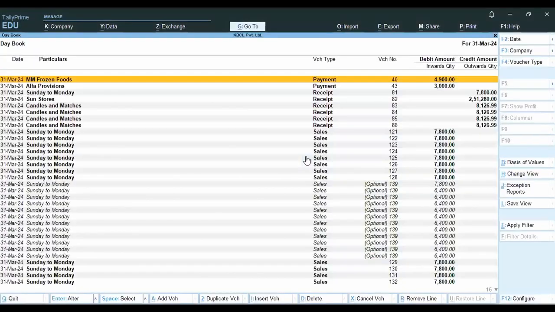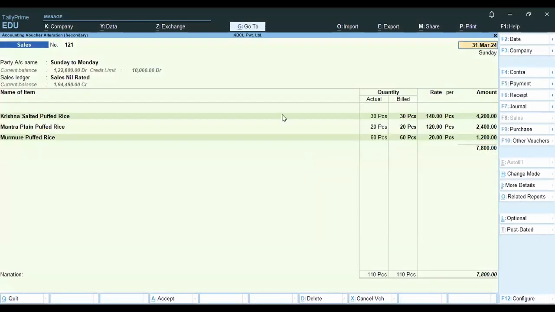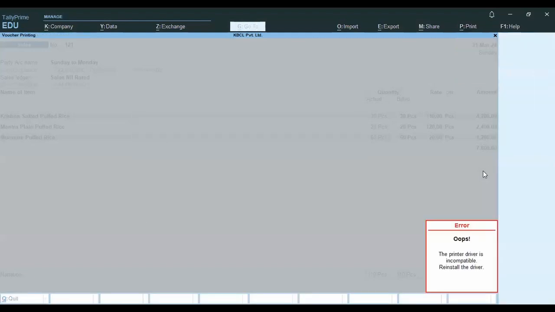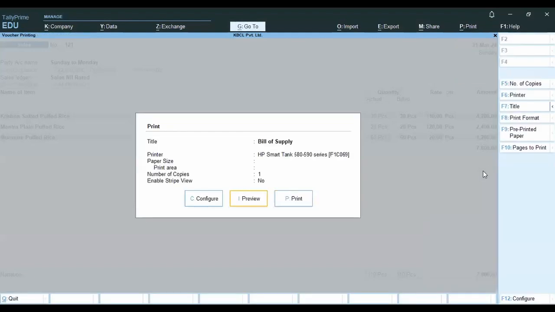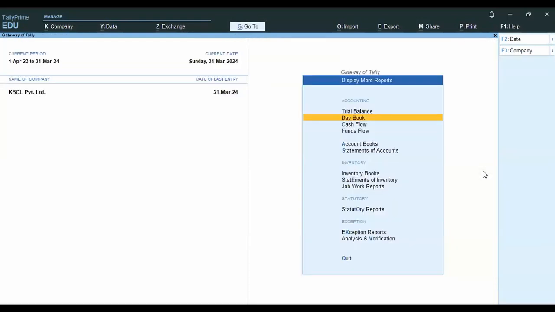Same way, even for sales invoice, the strip view is there. Like, see, in the invoice also strip view is there. And even in ledger, right?